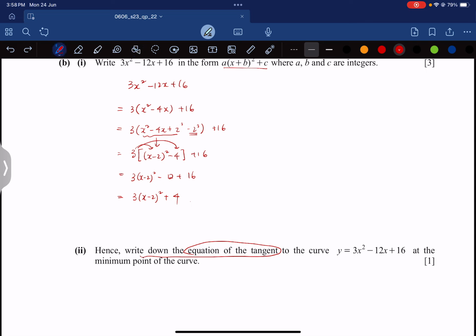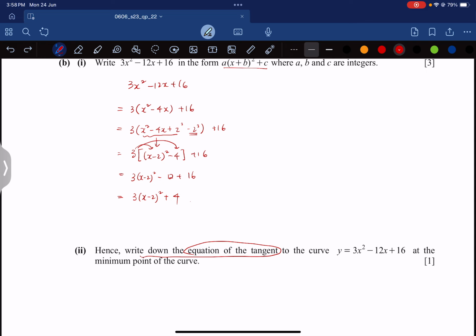Because if you know a little bit about differentiation, at a turning point, or we call it a stationary point, actually these two are slightly different, but in IGCSE you can think of a stationary point as a turning point, meaning maximum or minimum, at a local maximum or local minimum we have a tangent line which is horizontal, which has gradient 0.